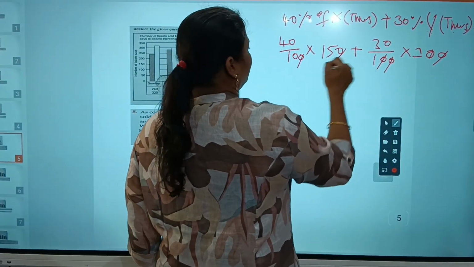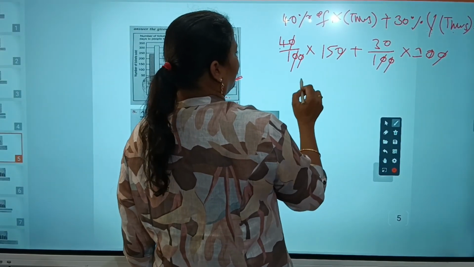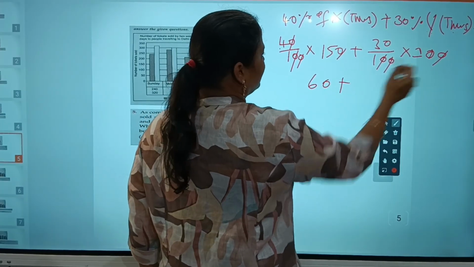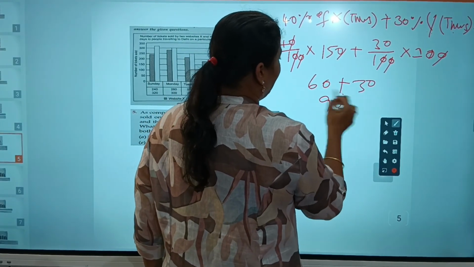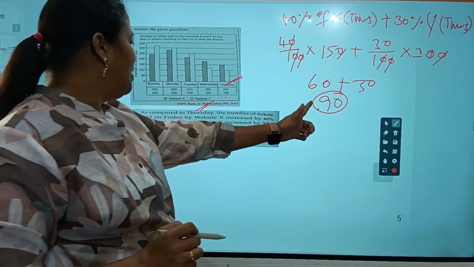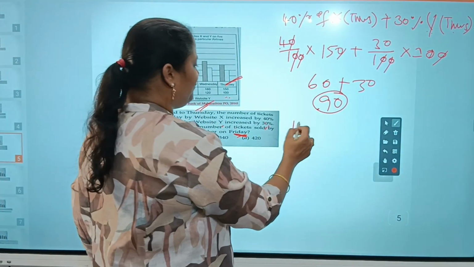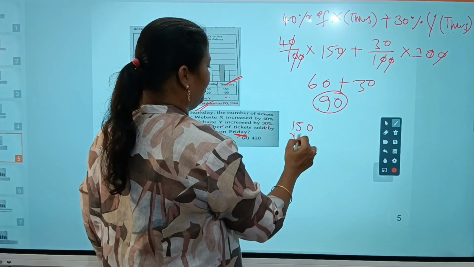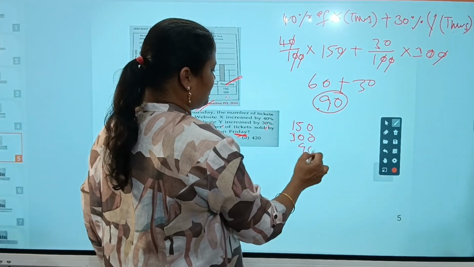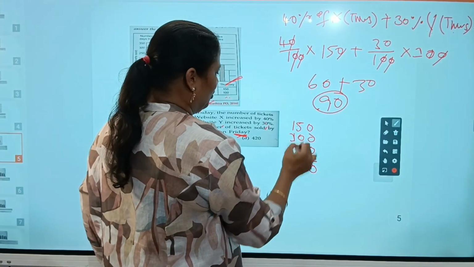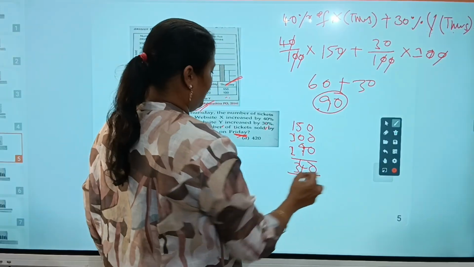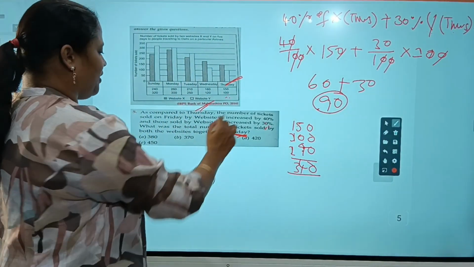So 60 plus 30, 90 tickets are increased on Friday. So total number of tickets how much? 150 plus 100 plus this increase. So it will come to 340. So the answer is C.